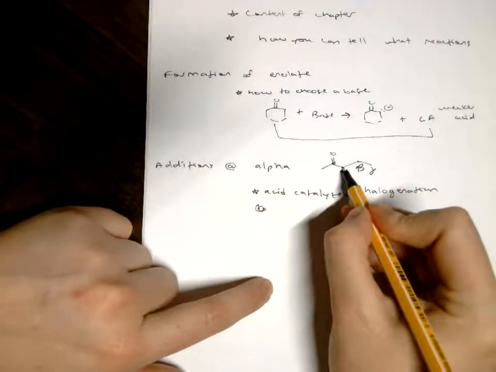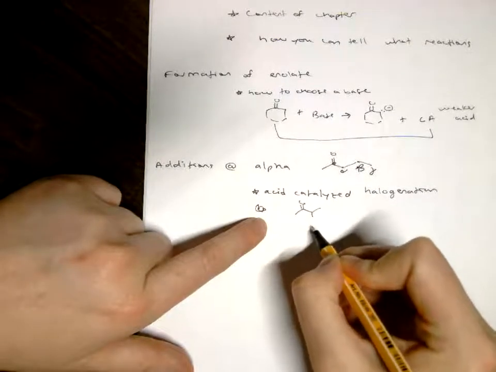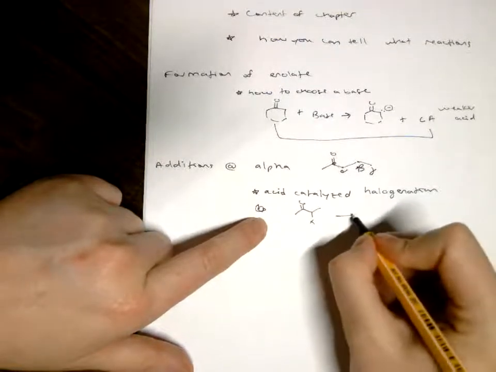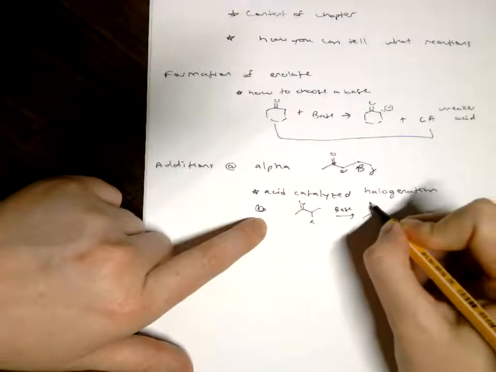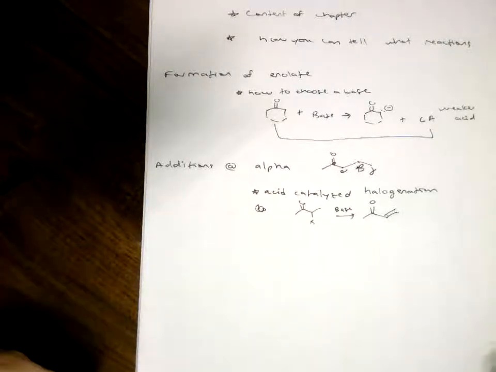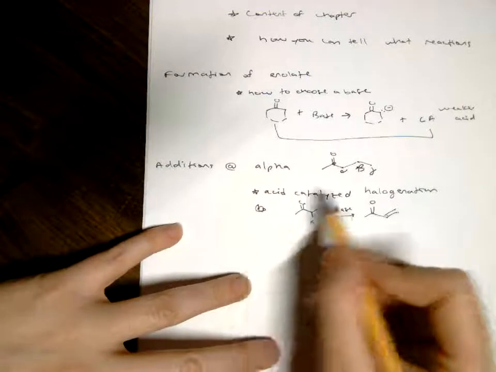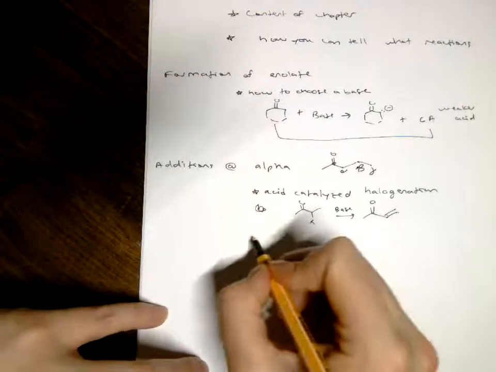So you'll get a halogenation form there, and then if you add a base to that, it'll undergo an elimination reaction, and you'll get this alpha beta unsaturated ketone. Usually. So the acid catalyzed halogenation is just this, but a lot of times you'll see this afterwards.